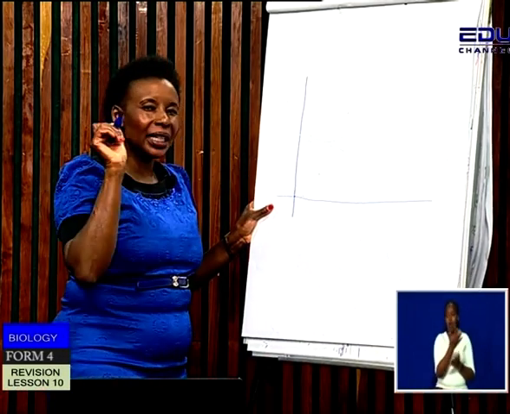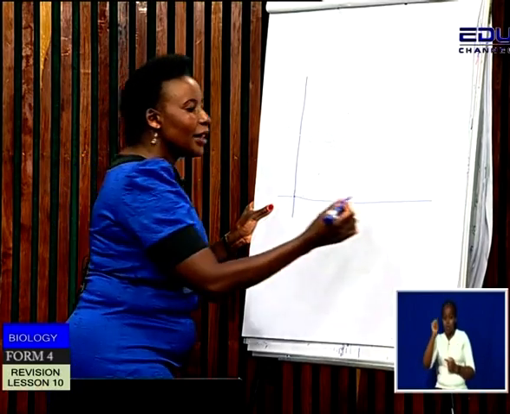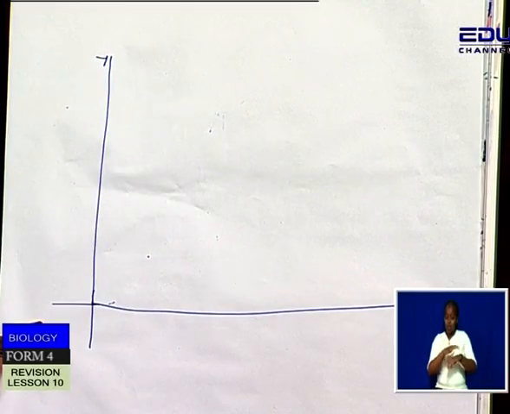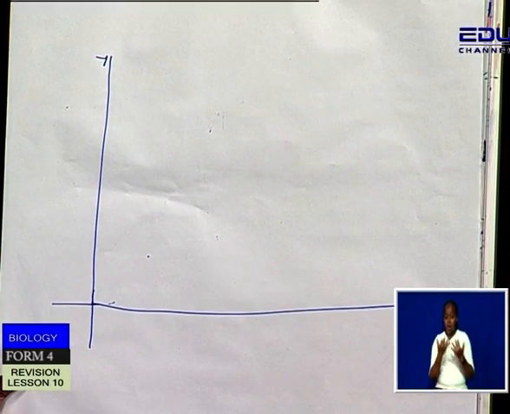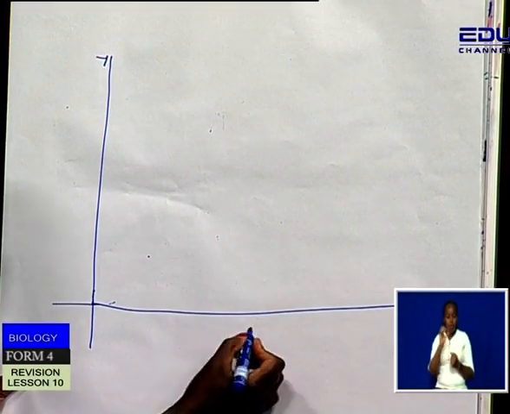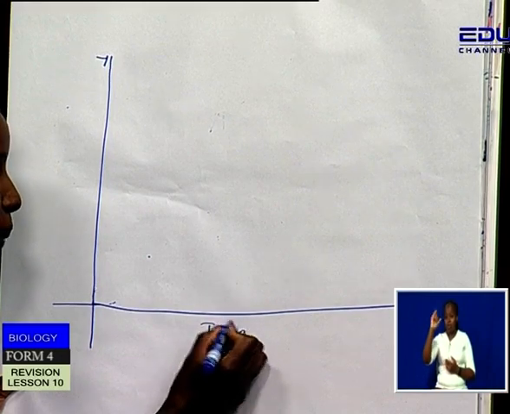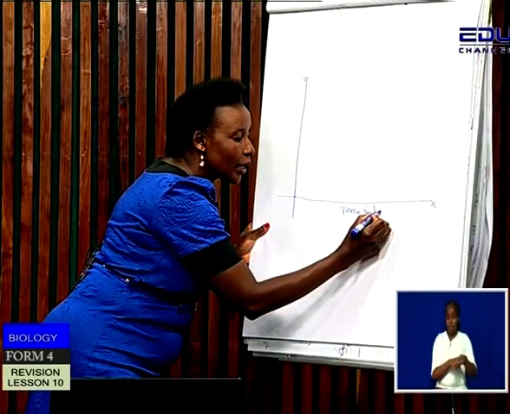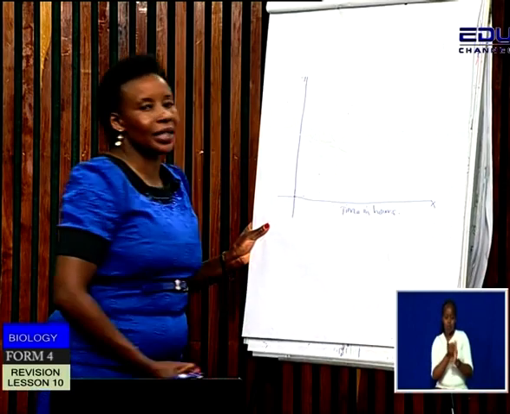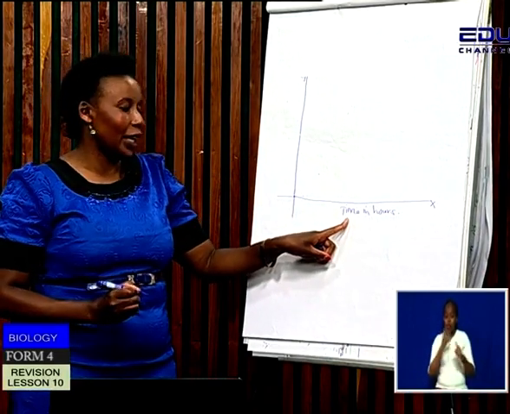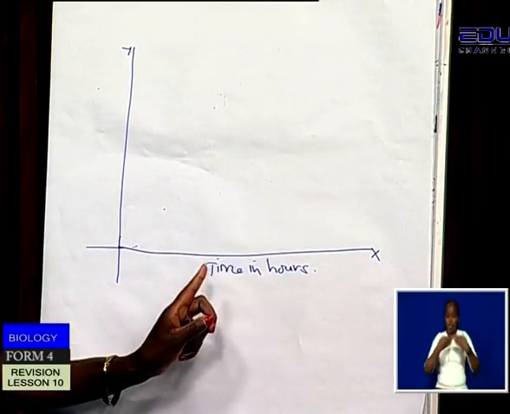From the data that you've been given, this is where you will now get the identity of the axis. For example, the identity of the x-axis can be time, probably time in hours. Remember, you are getting this from the data you have already been given. So on the x-axis you have time in hours.